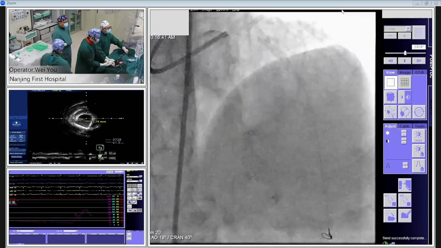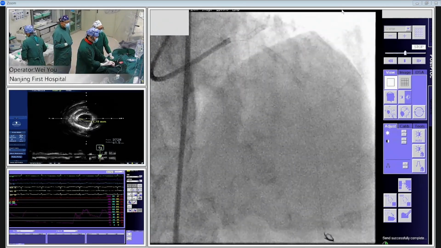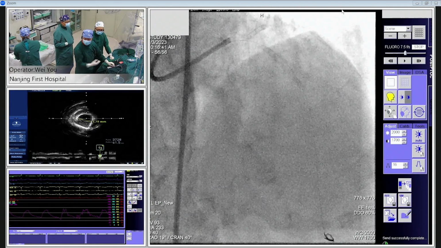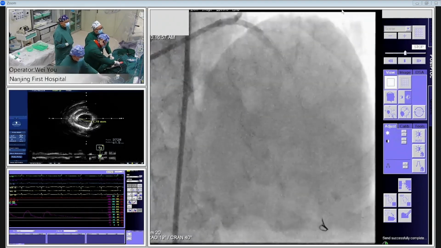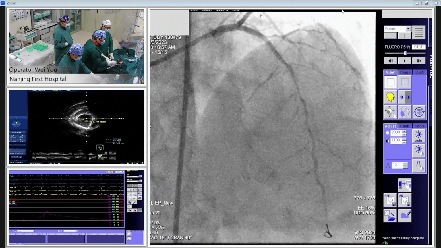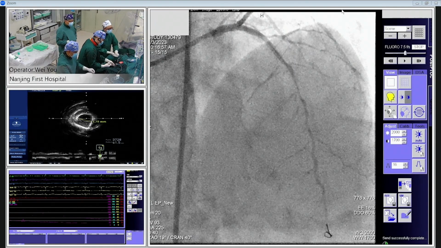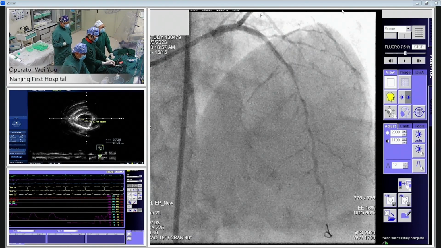Wait a second, I will engage the guiding catheter. Nitro, please. Nitro again. 200 is enough. Wait 30 seconds.